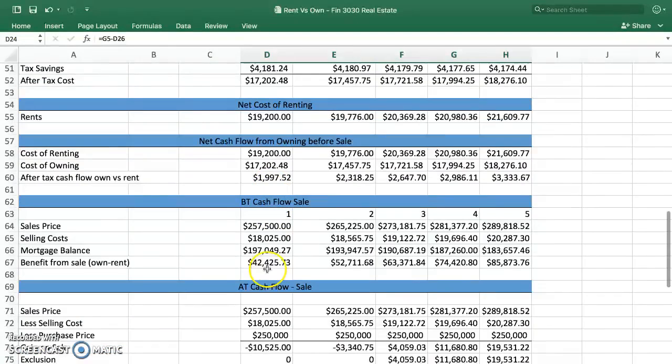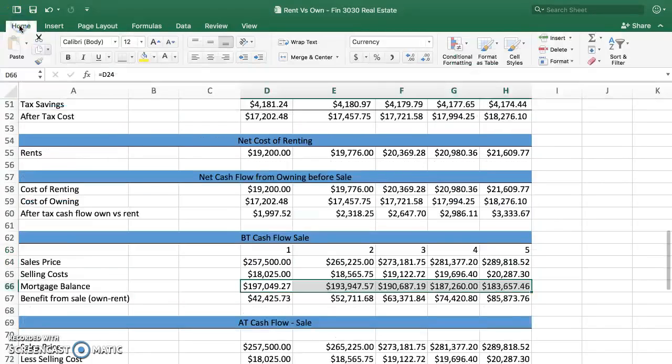And then the benefit from sale, owning or renting. Basically, here, I meant to put this in here. It just makes it easier on the eyes. So this is just going to be taking our sales price, less our selling cost, less our mortgage balance.